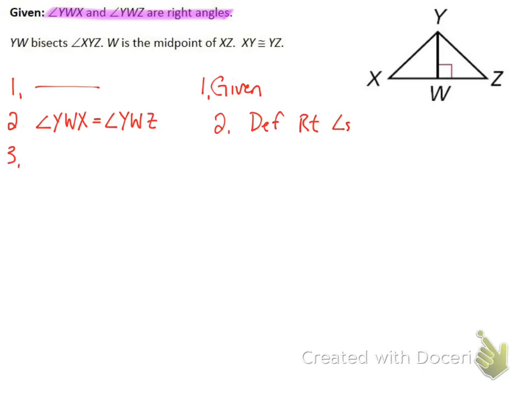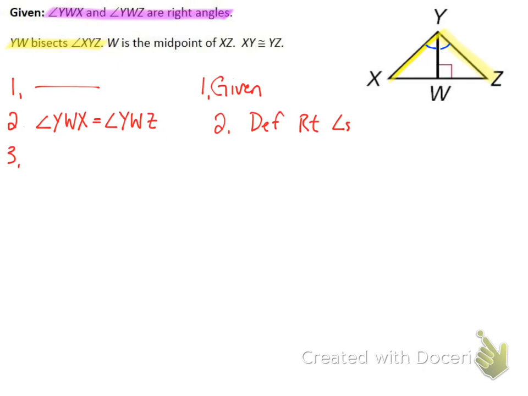The next thing: my written given statement says that YW bisects angle XYZ. So if the angle that's being bisected is XYZ, I know that these two angles up at the top are going to be equal to each other.